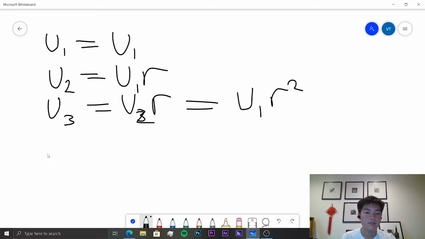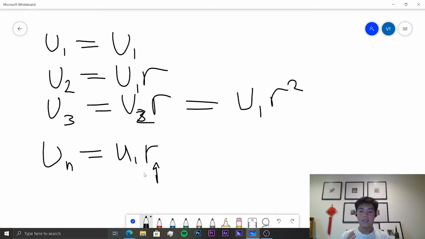And so the general formula for a geometric sequence is that you multiply the first term by r, which we call the common ratio, which is the number you have to multiply one term by to get the next term in the sequence, and then we raise that to the power of n minus 1.